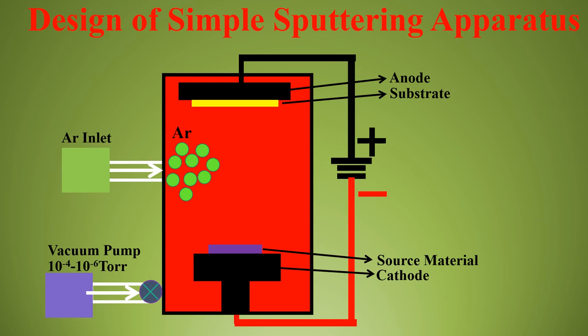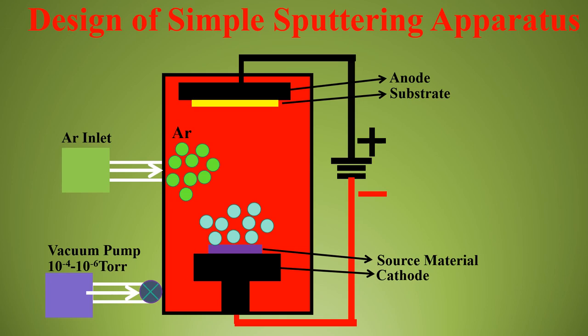In processing, the argon gas enters via the inlet, and on application of high potential, this argon gas gets ionized. So these are the ionized argon atoms, positive Ar plus argon ions.